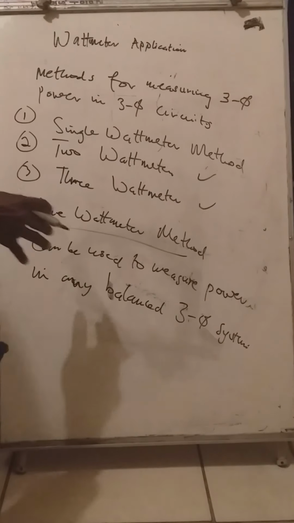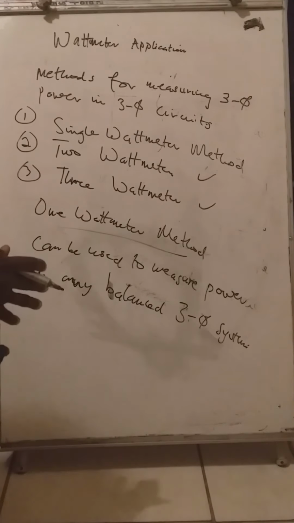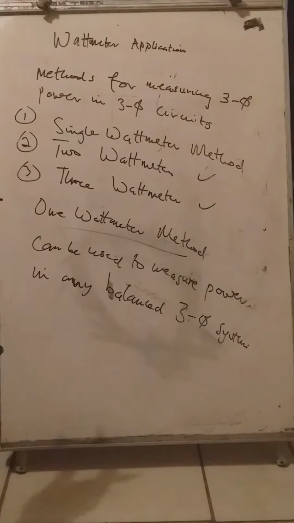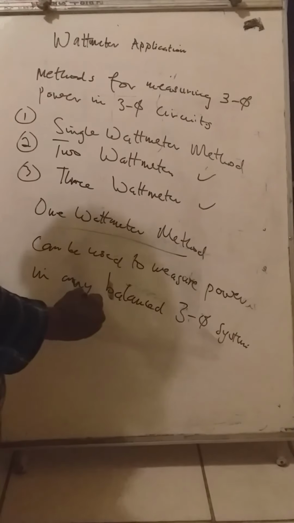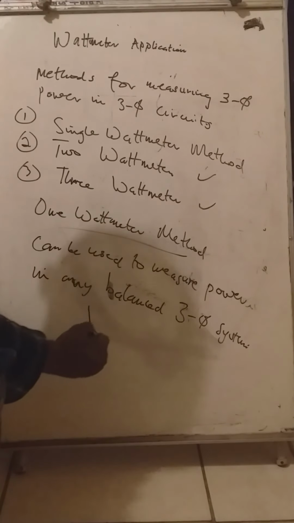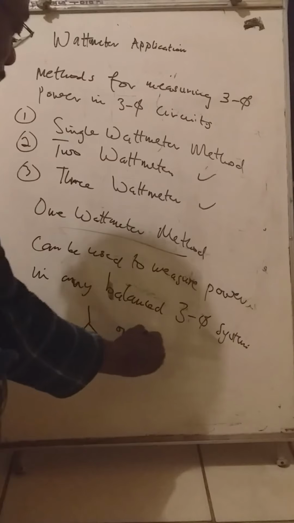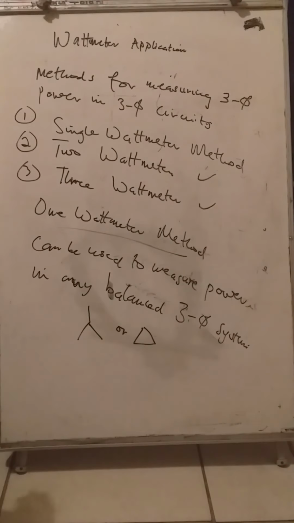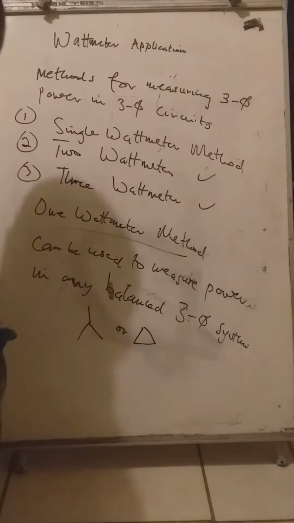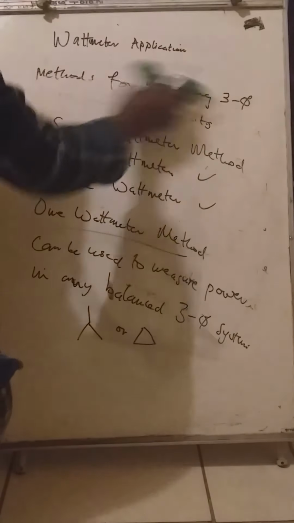You can use the one wattmeter method on a balanced three-phase system, whether it is star, which we represent like this, or delta. As long as it is balanced, we can use the single wattmeter method to carry out the measurement.